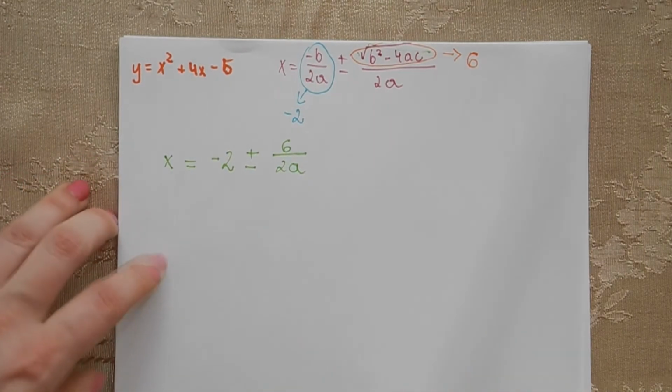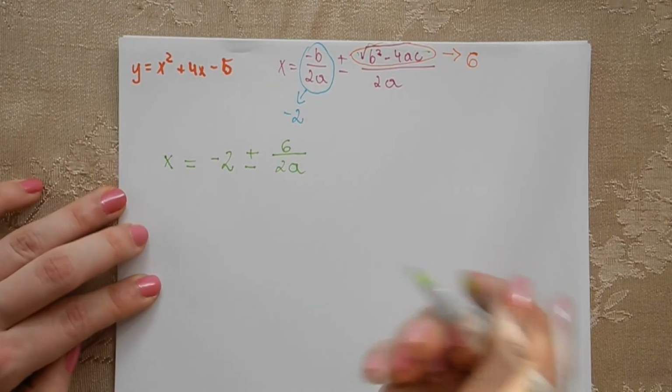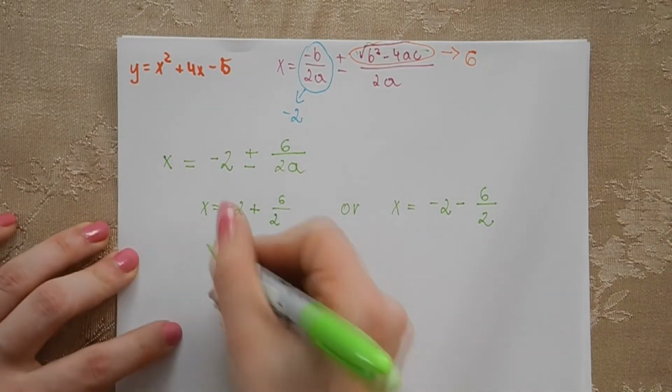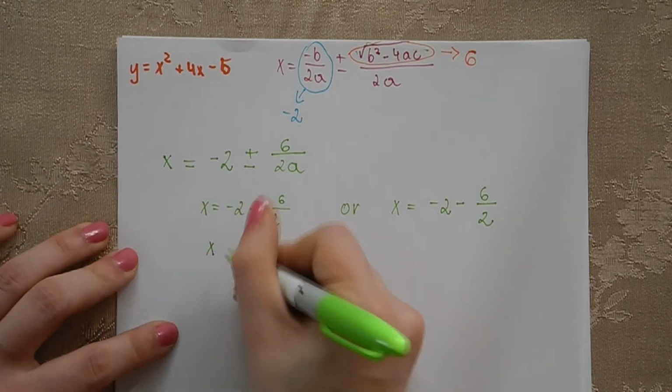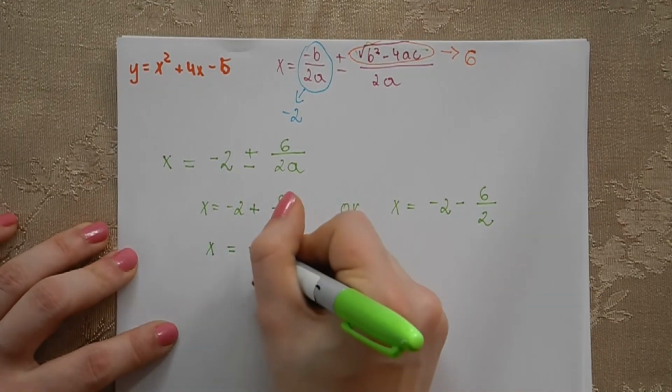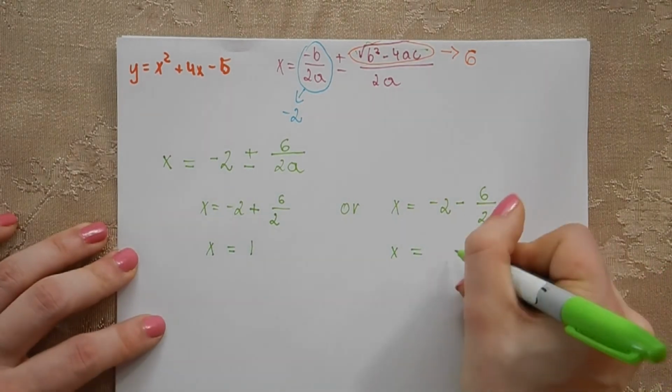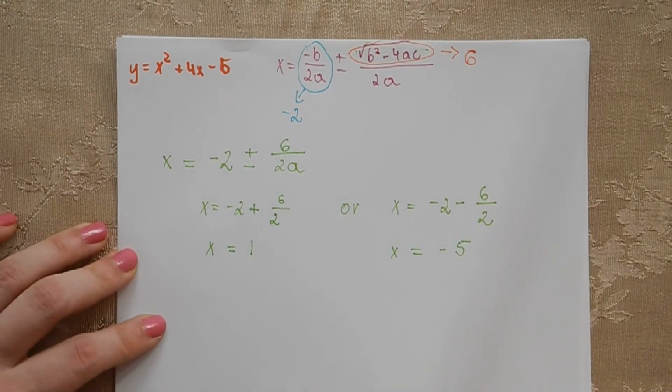All we need to do now is solve for x. From this we get two equations. Solving for those, x equals 1, and over here we have x equals negative 5.